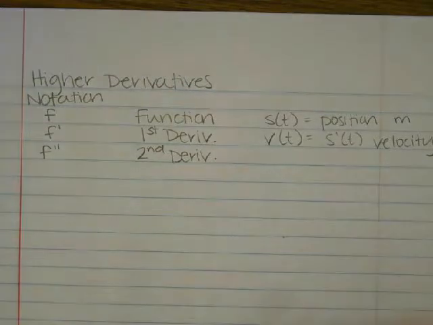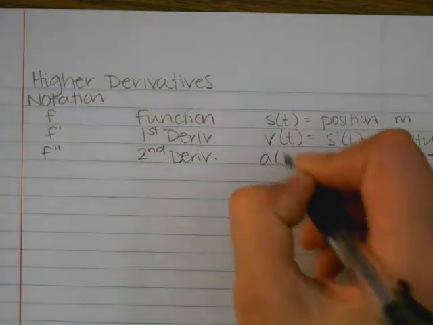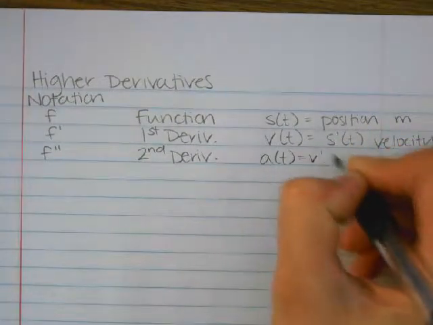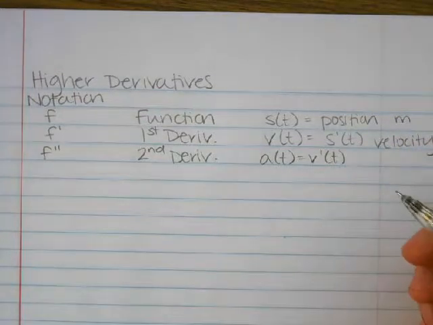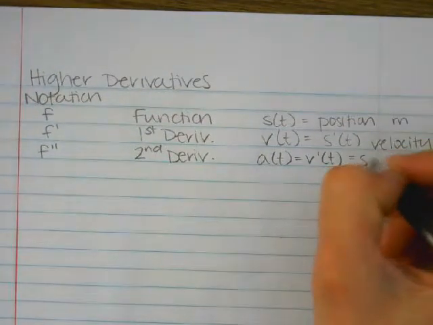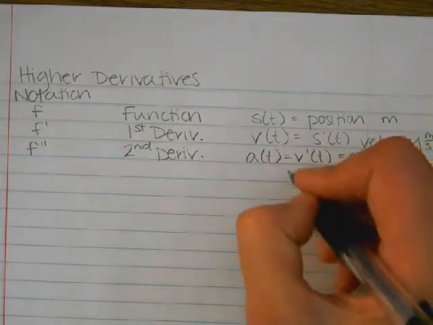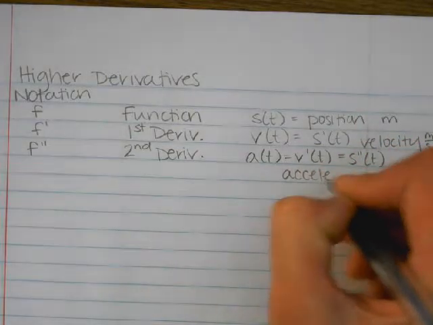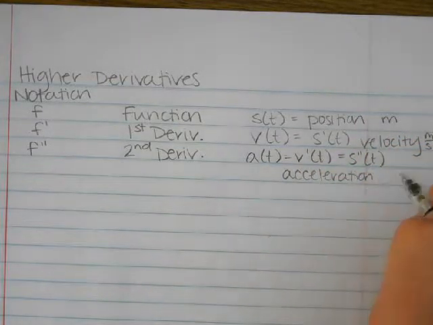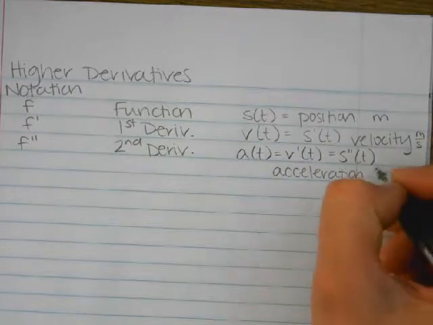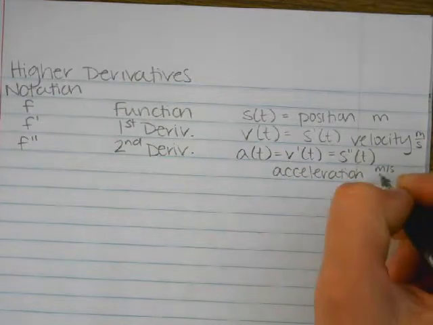So acceleration is the derivative of velocity. It's how your velocity is changing. And it's the double derivative of the position. All right, so that's what acceleration is. And this would be like, we're saying meters per second is how fast you're driving per second.